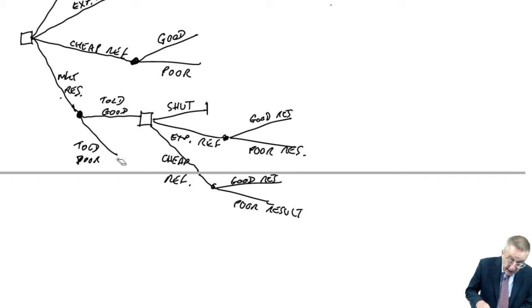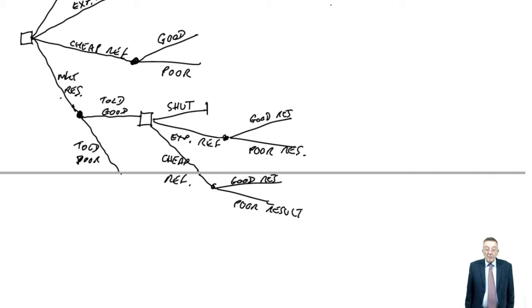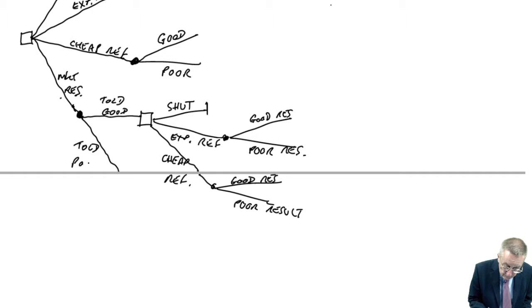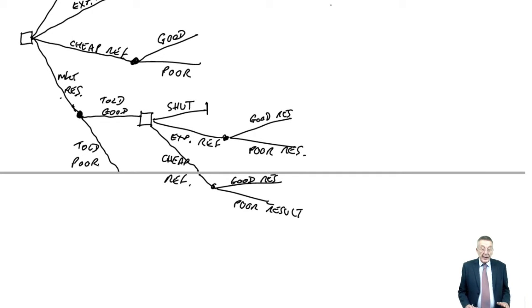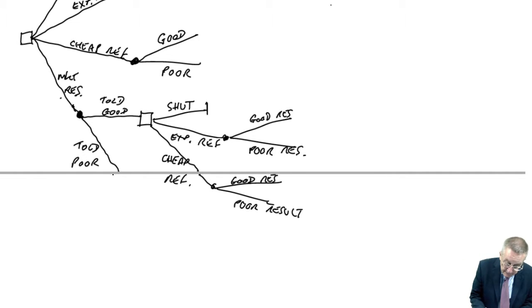And so, if this happens, if we've done the research and they tell us it's poor, we've already decided we're not going to do the expensive refurbishment, but we still will have to decide, surely. We'll still have the choice, so a box. We're still able to shut, and that's the end of it.